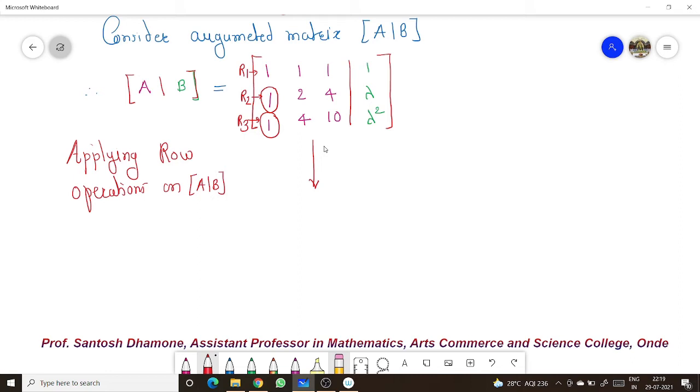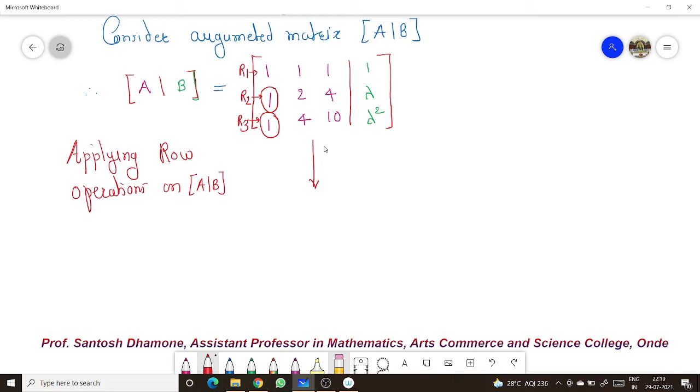Matrix complete. R2 minus R1: 1 minus 1 is 0, 2 minus 1 is 1, 4 minus 1 is 3, and lambda minus 1.